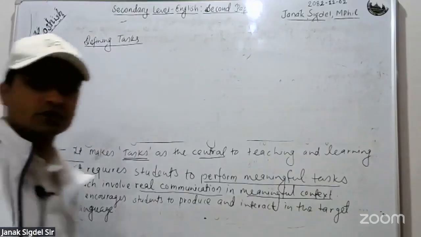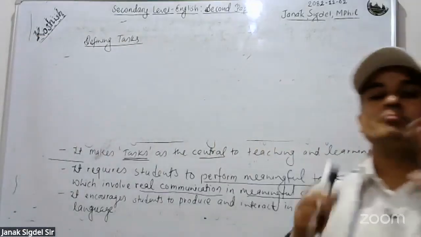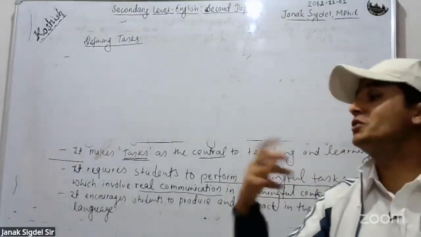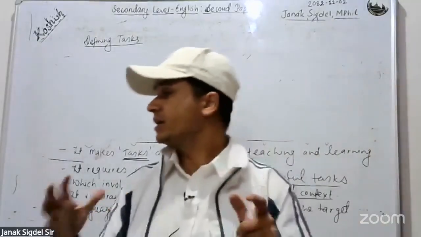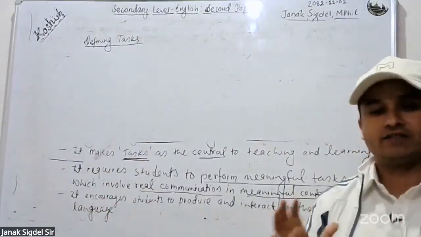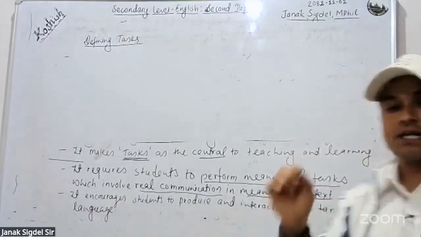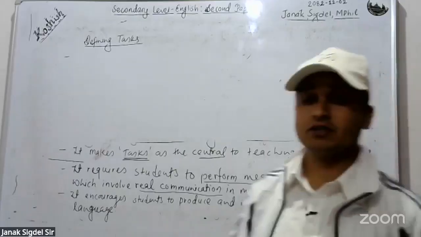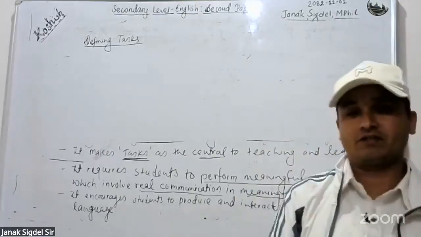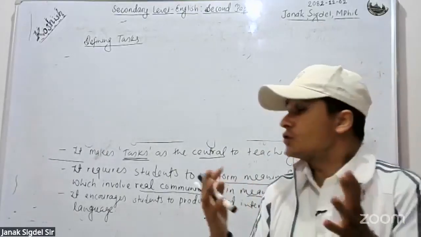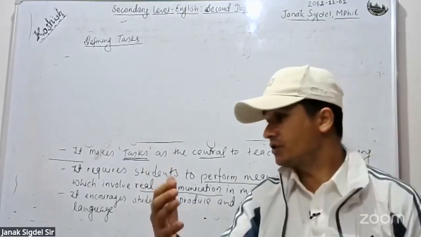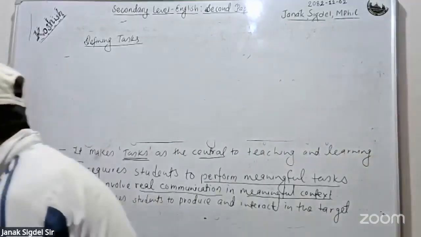So let us discuss orally first. So simply, task is a communicative activity. Number first, you need to remember, task is communicative activity. It requires students to perform meaningful activities using that language, using particular language.